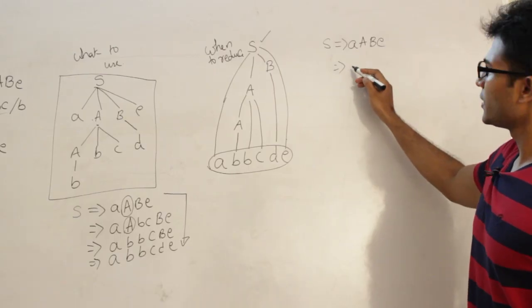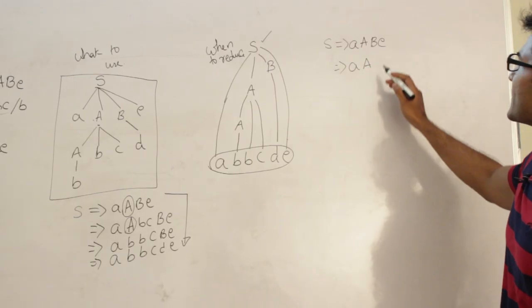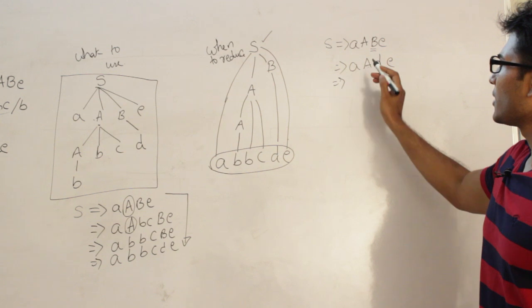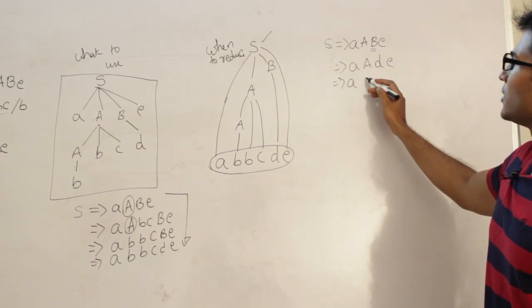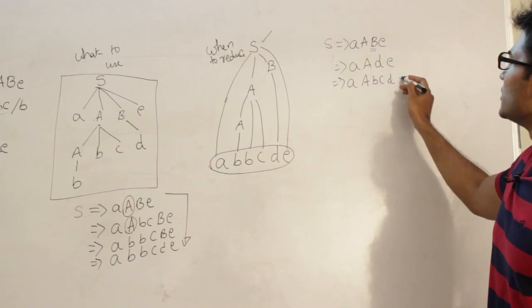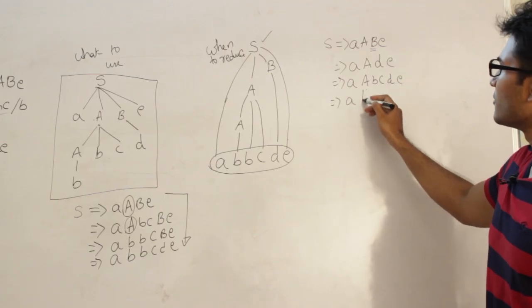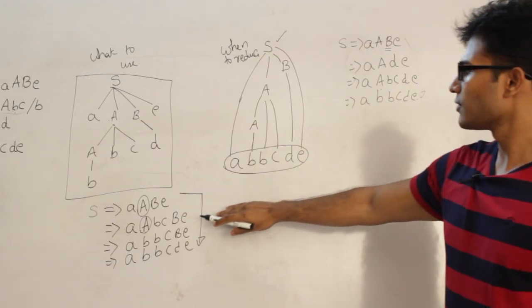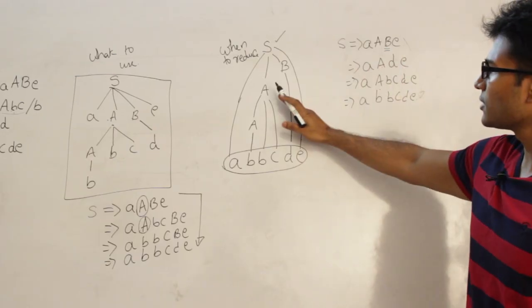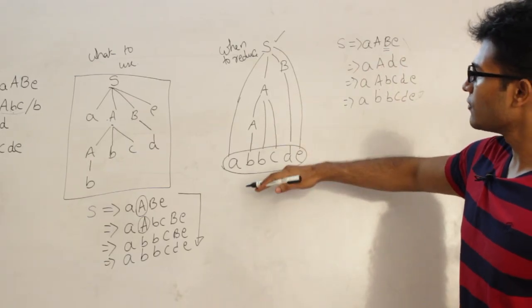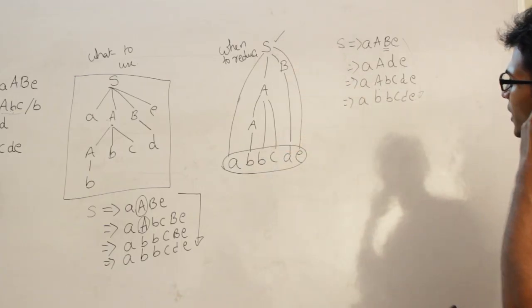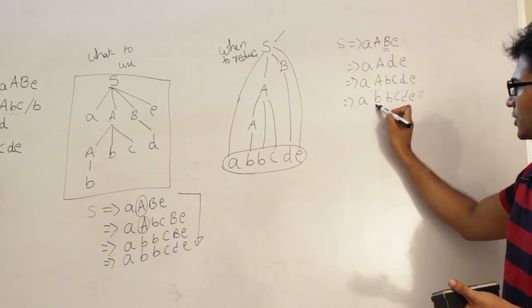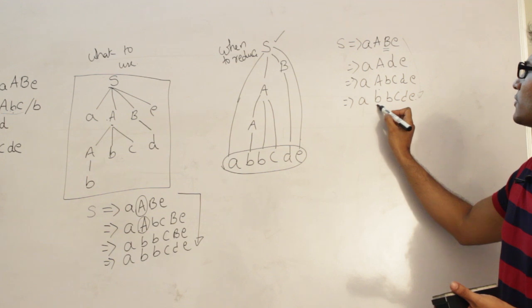In the rightmost derivation, what we get is A, B, E, then this B is expanded with D, then again this A, B, C, D, and again this A, B, B, C, D. So this is nothing but rightmost derivation, right? So this is the leftmost derivation, this is the rightmost derivation. And now if you consider the way we have built this tree, the way we have parsed it, we are actually using a reverse of rightmost derivation, which means I have taken the string in a reverse way.